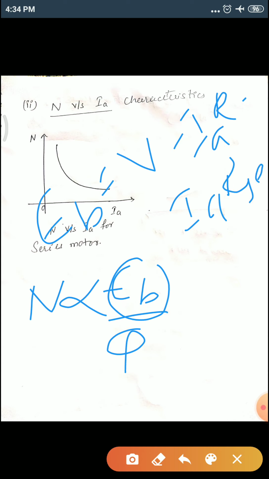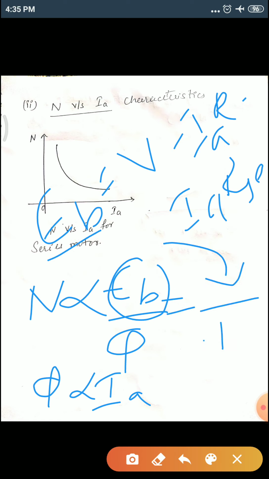This is the formula. One more thing we also know: phi is proportional to IA. So this EB formula we have to substitute in this equation, divided by IA. This is very important, else you can copy from the beginning what we have given for this.